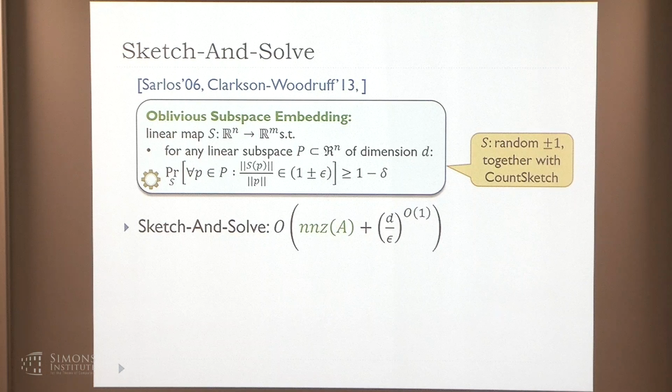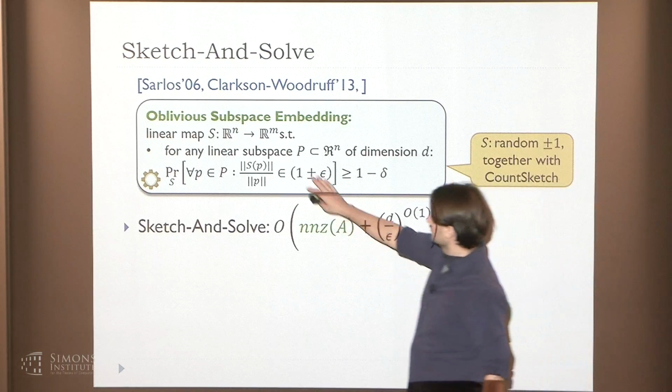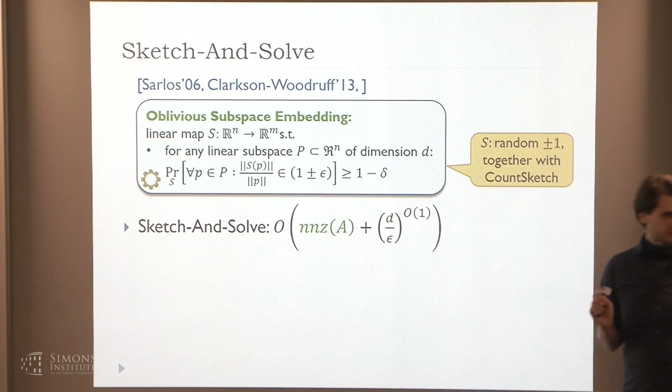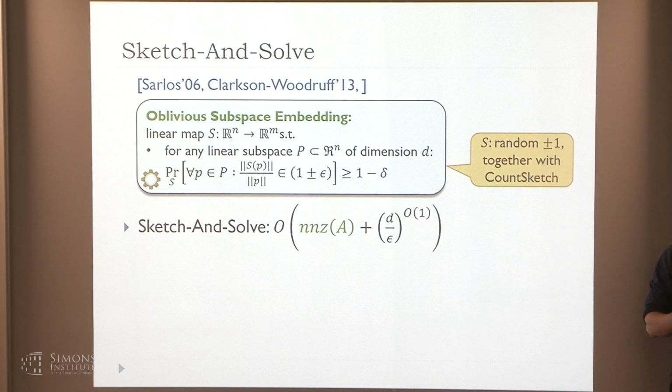What is the embedding dimension? Well, just how small that m could be. I think Michael has the best results along this line. So it's proper to mention that Michael Cohen had the best bound on m as a function of d and epsilon. What is the exact bound?